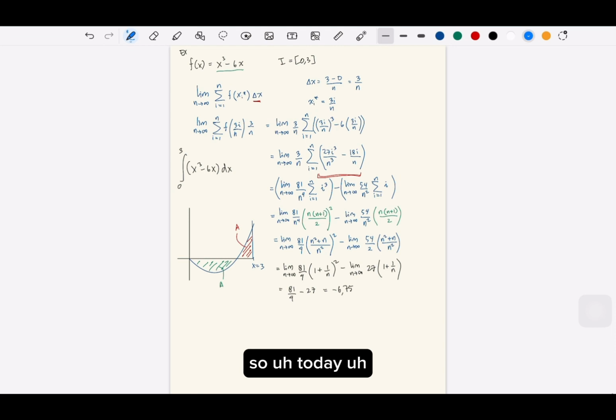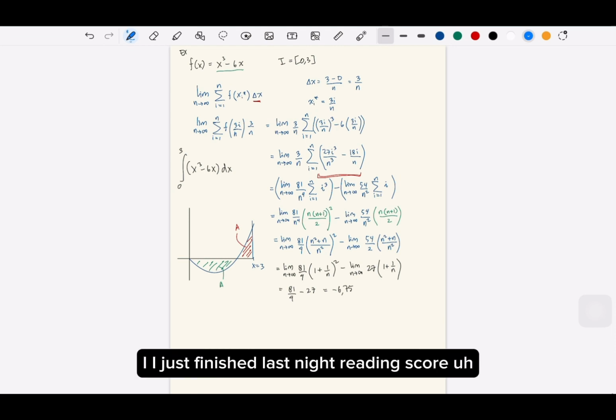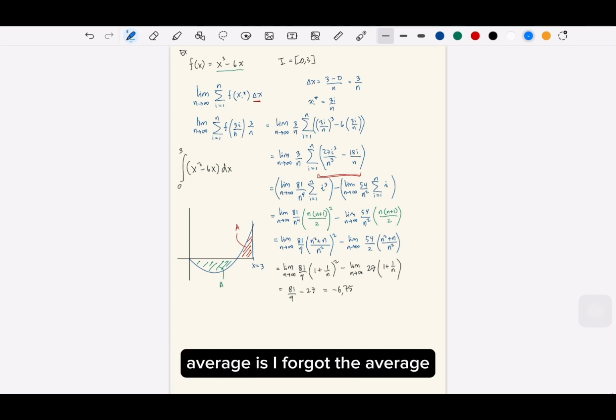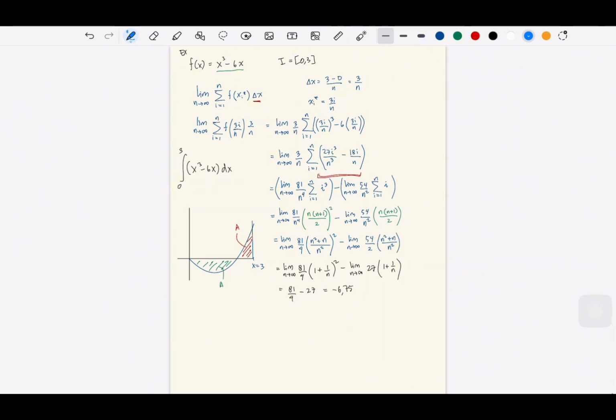So today I just finished grading the scores last night. The average is, I forgot the average. Let me check the average. I put it in my notes here.